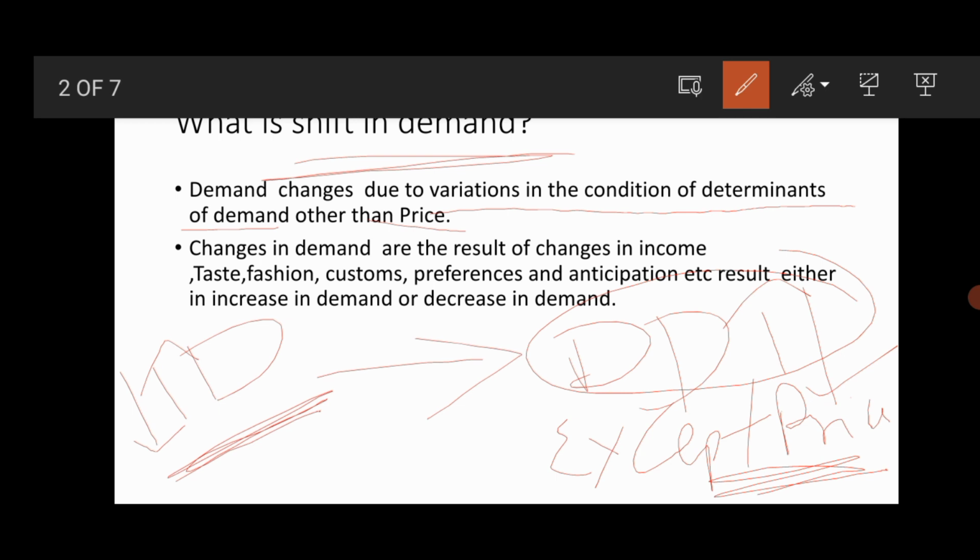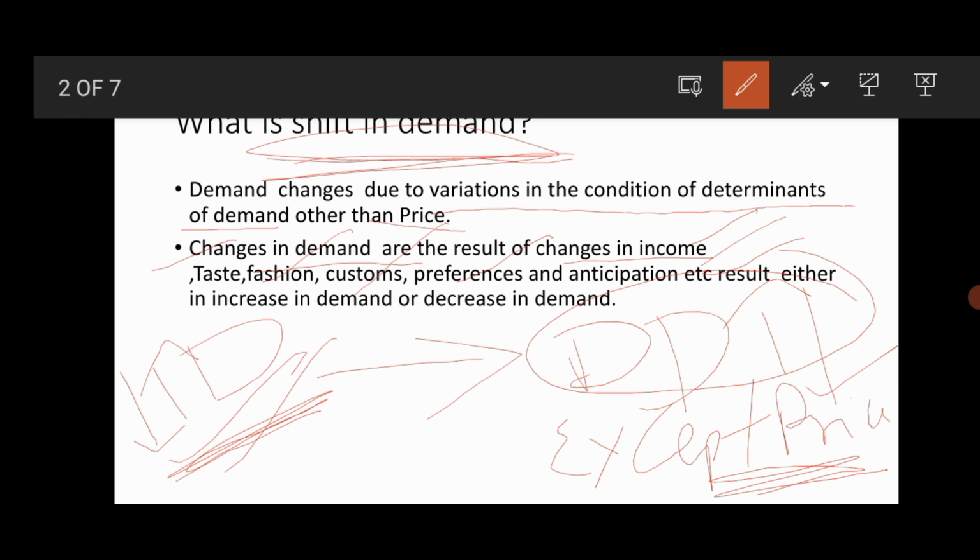So what are the other determinants of demand except price? Change in the demand can be the result of change in income, taste, fashion, customs, preferences, anticipation, etc. Because of these things, changes happen in the demand, then we are calling it shift in demand.